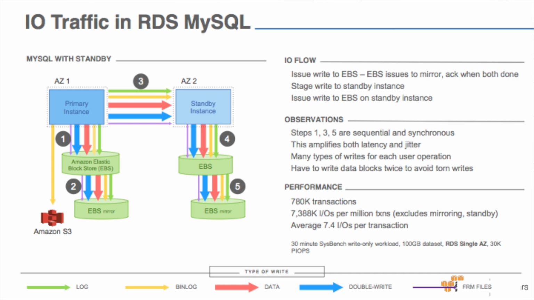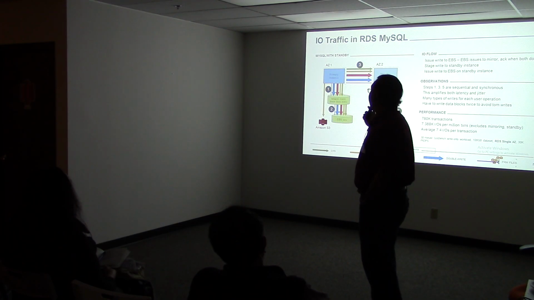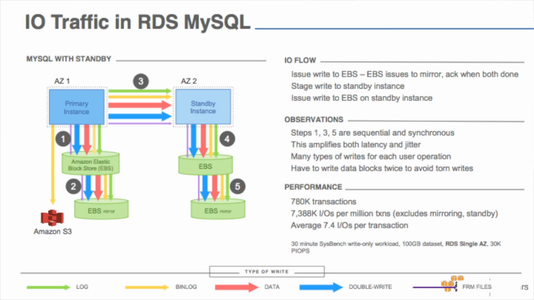Then you are doing a replication to the standby in multi-AZ, that's step number 3, which goes to the other instance, the standby instance, which in turn is writing into the EBS volume it is connected to, which is also asynchronously mirroring to the EBS mirror it is writing to, right?